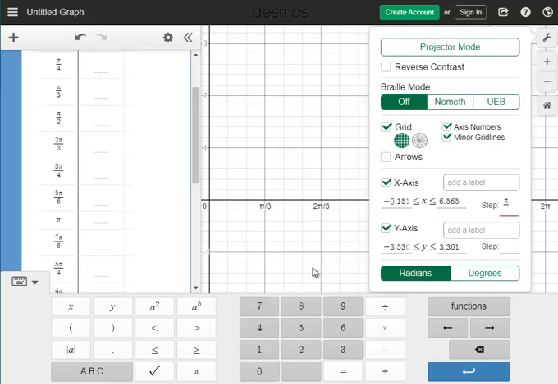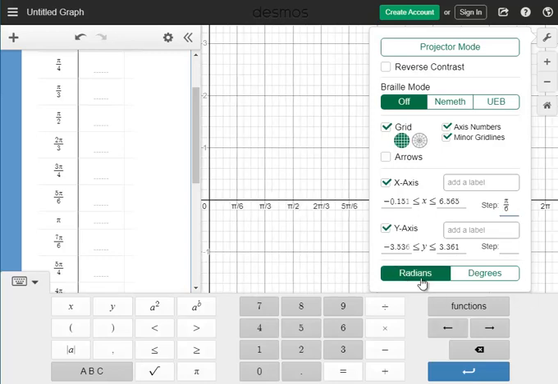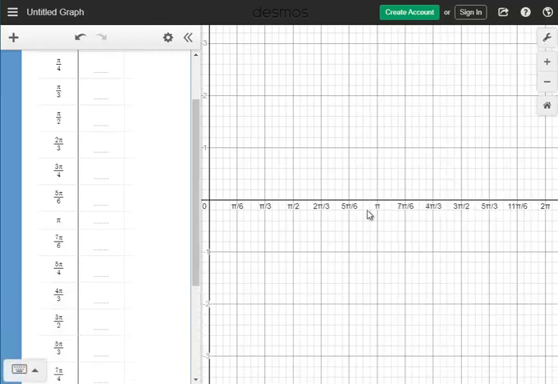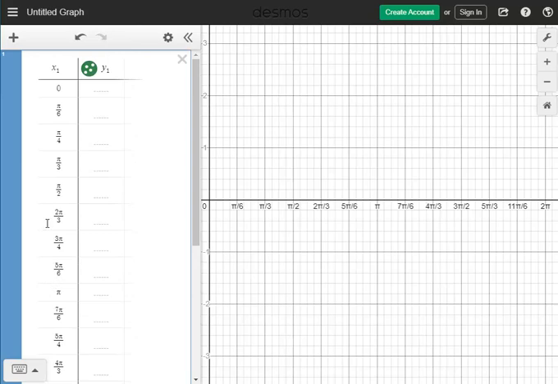You'll notice that this is already set up for radians anyway, so you don't have to do much about that. Just a heads up if you want to make your x-axis reflect the inputs of these graphs. Anyway, without further ado, let us get started.